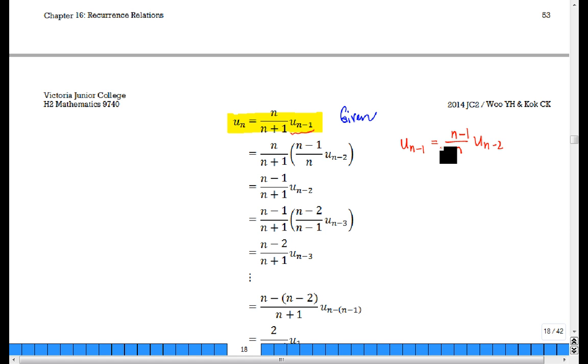Do you know how to get this? In the question, it says U(n+1) equals (n+1) over (n+2) times Un. This is given in the question.